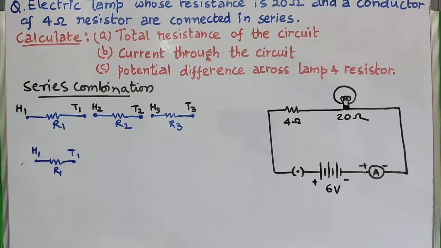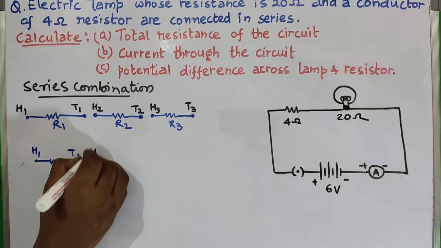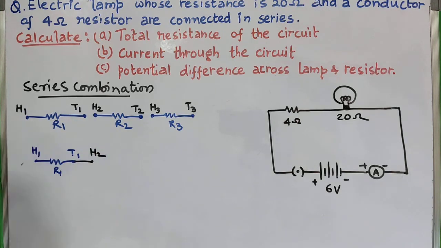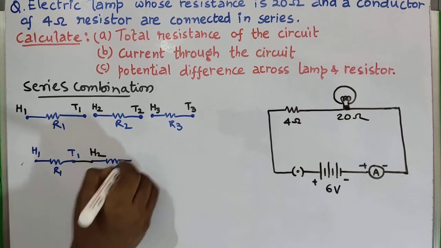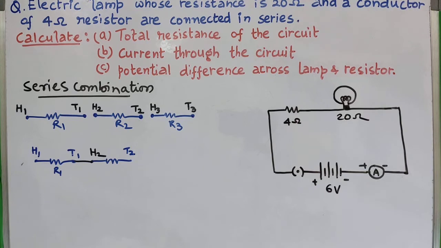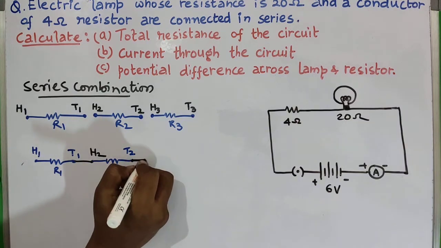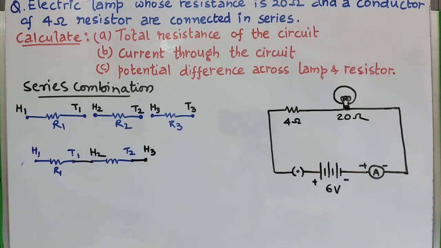To the tail we will connect the head of another resistor. So this is the head of resistor 2, then this is the tail of resistor 2. To the tail of resistor 2 we will connect the head of resistor 3. So here is the resistor.